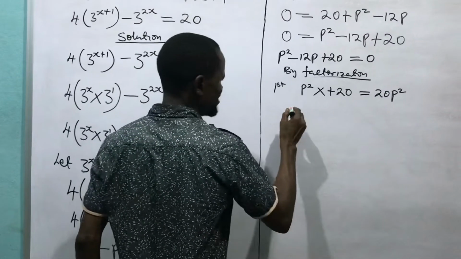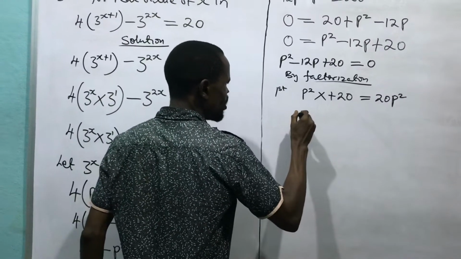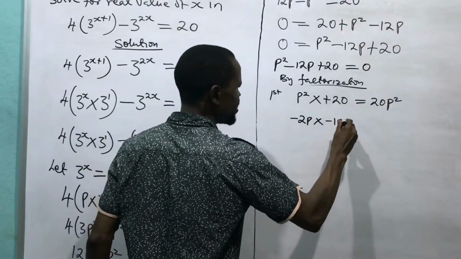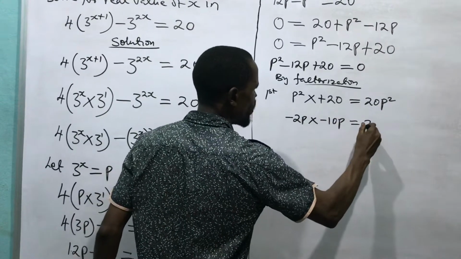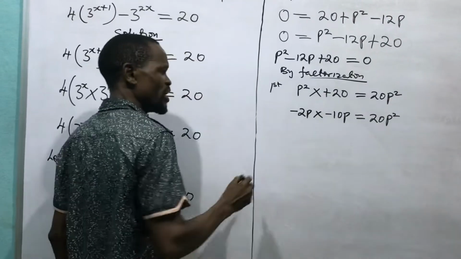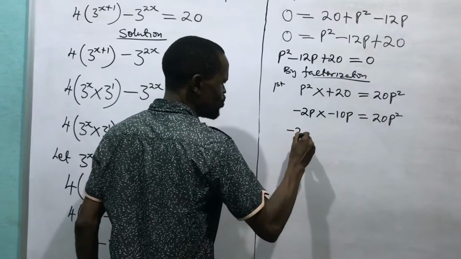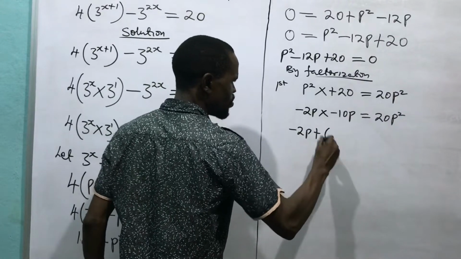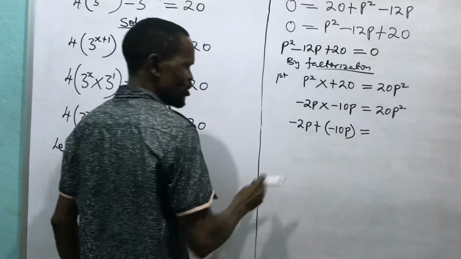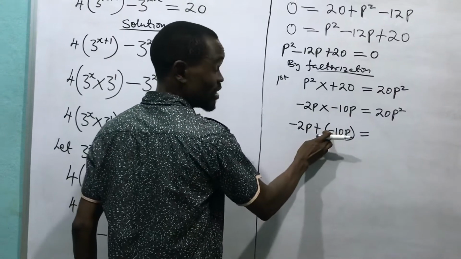Minus 2P times minus 10P will give me 20P squared, since P times P will give me P squared. Therefore, minus 2P plus minus 10P is equal to, you know that plus times minus will give me what?